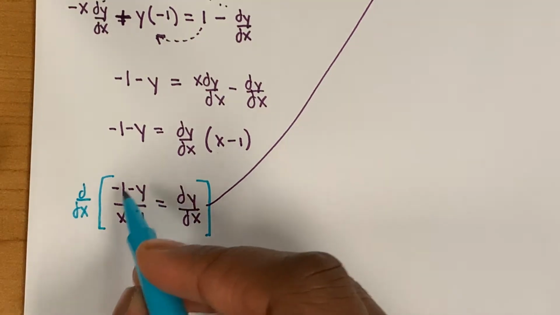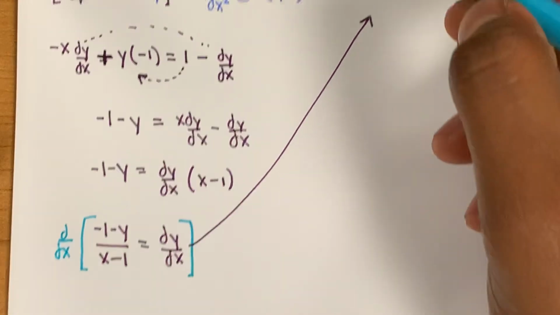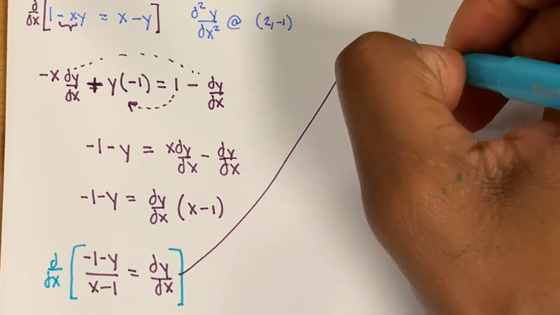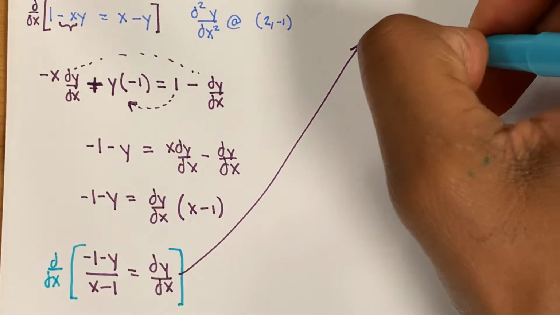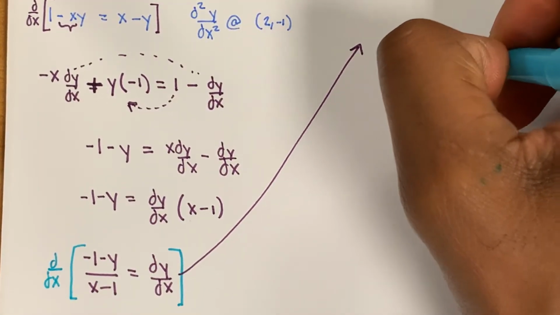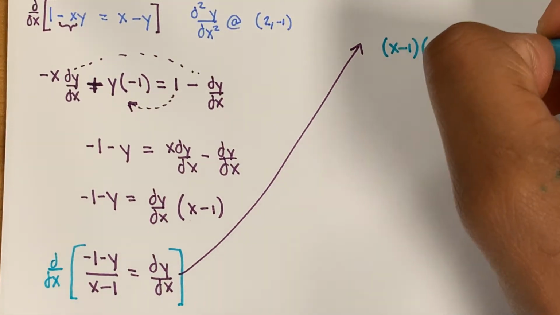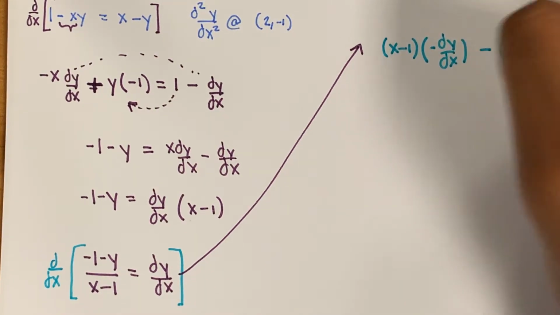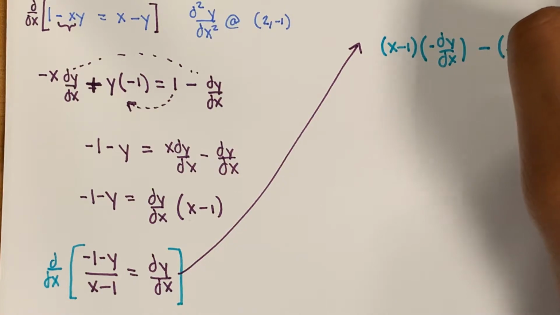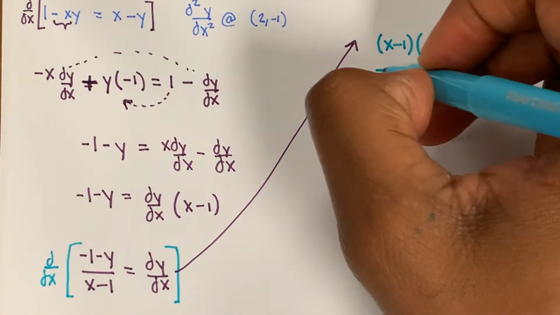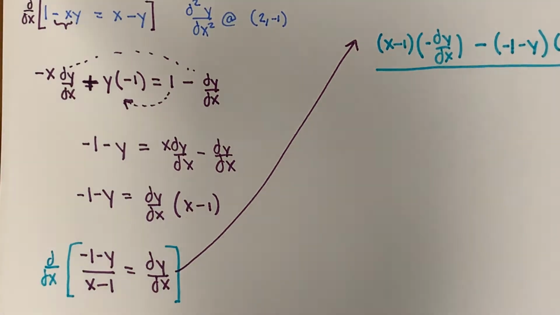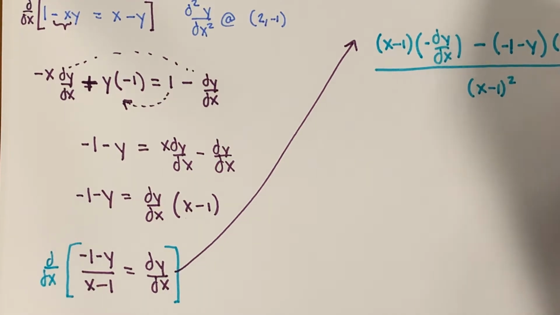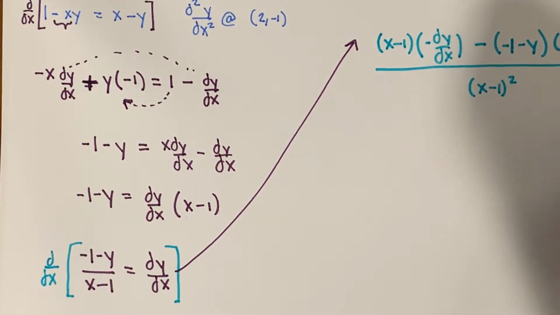So when we do the derivative of the left side, we're going to have to do the quotient rule, which would give us the low function x minus 1 times the derivative of the top, which is negative dy over dx, minus the high function, which is -1 minus y, times the derivative of the bottom, which is 1, all over the bottom function squared, x minus 1 squared, and that's going to be our d2y over dx squared.